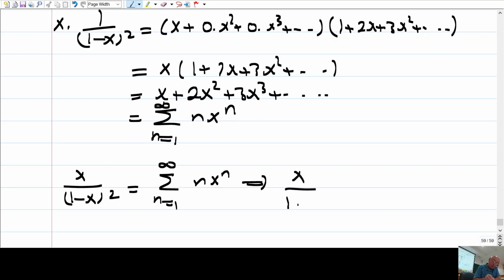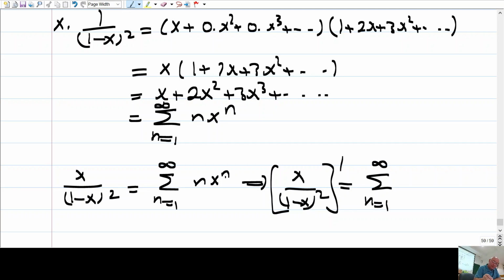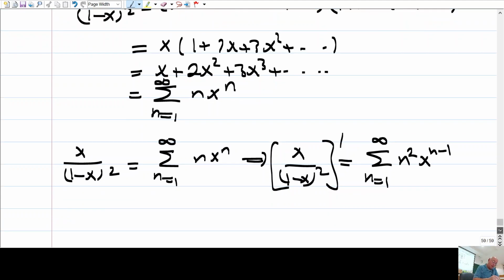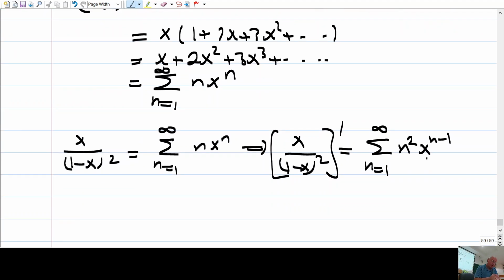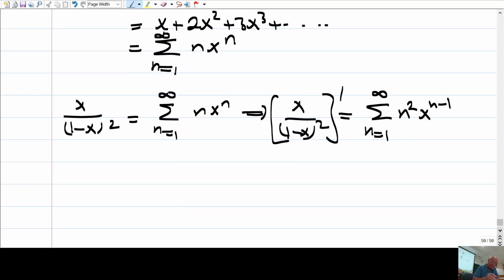So x over 1 minus x squared, derivative. The derivative of this is what? It is just from 1 to infinity. I have n comes down, I get n squared x to the power n minus 1. And then I have still a missing x here. So let's multiply by x again.